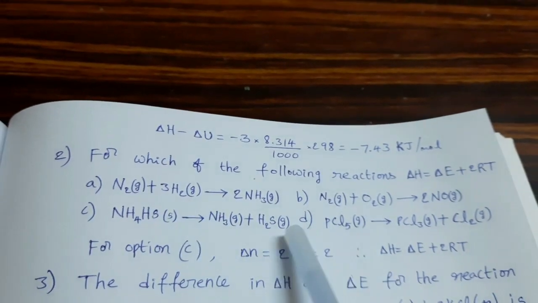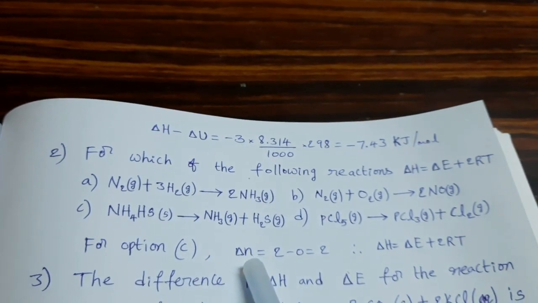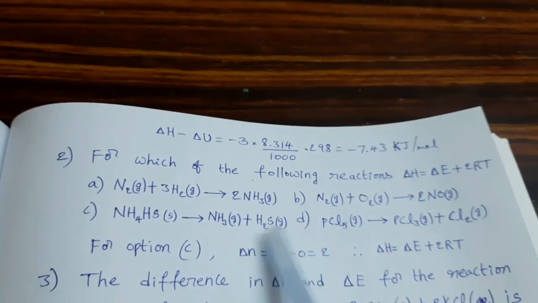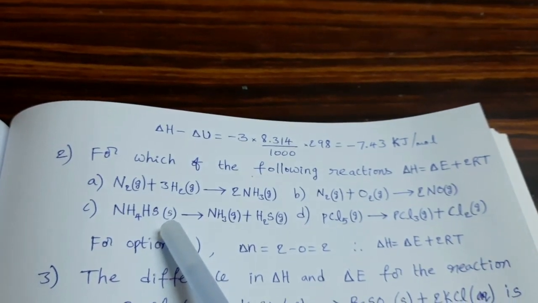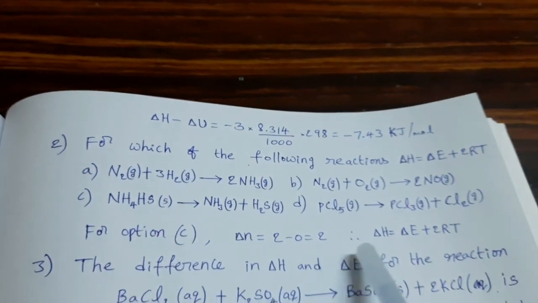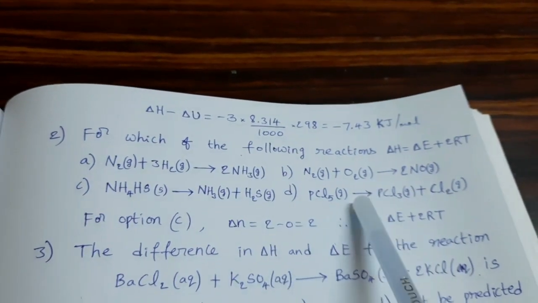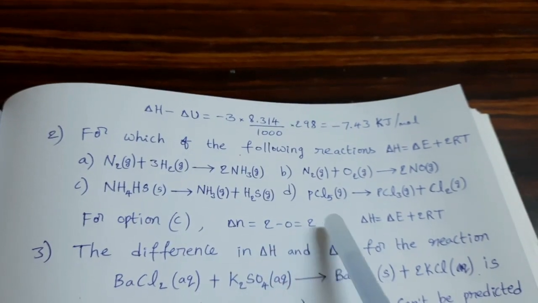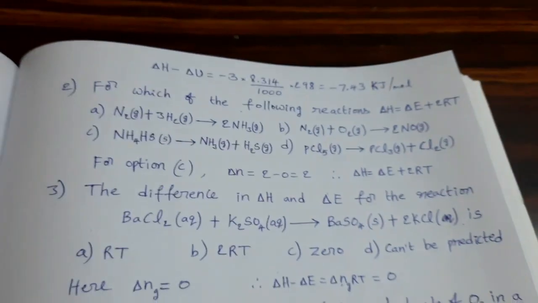See this, in the given options, for option C delta N, if we consider 2 minus 1 mole, 1 mole, 2 minus 0, here product is solid, we need not consider. So 2 minus 0 means 2. So delta H equal to delta E plus 2RT. For remaining options delta N is not equal to 2. So option C is the answer.